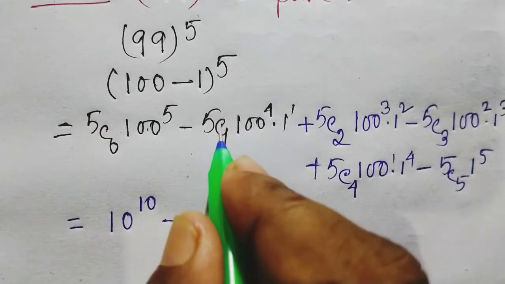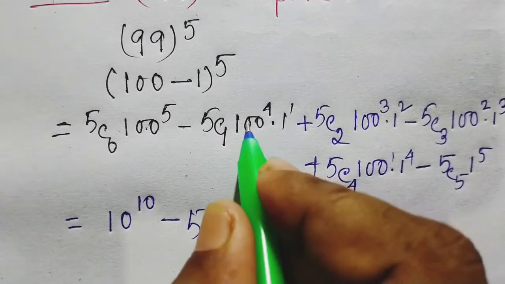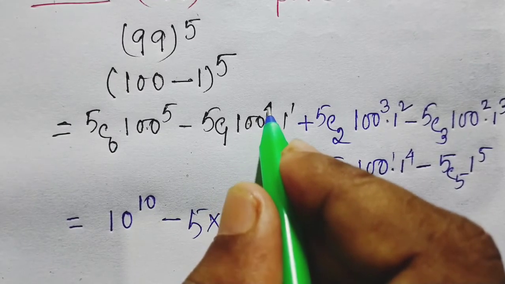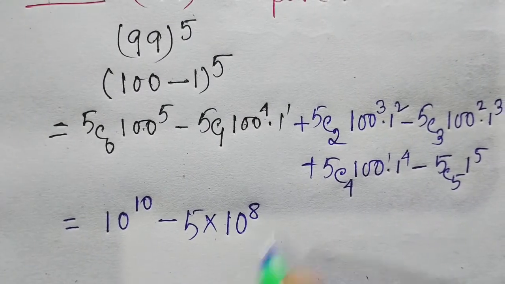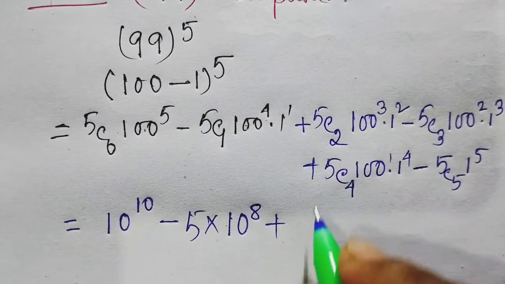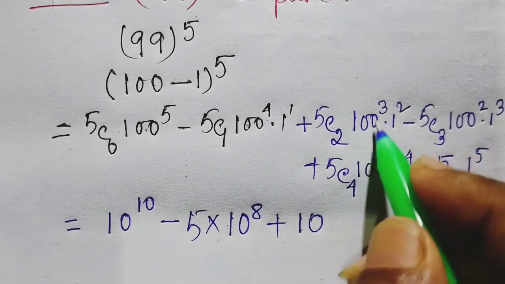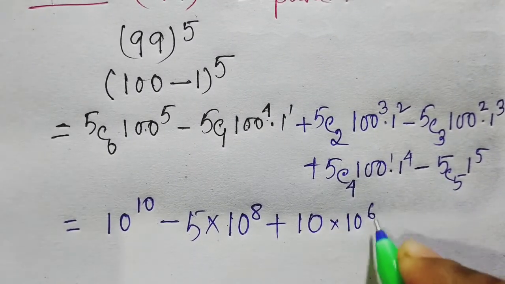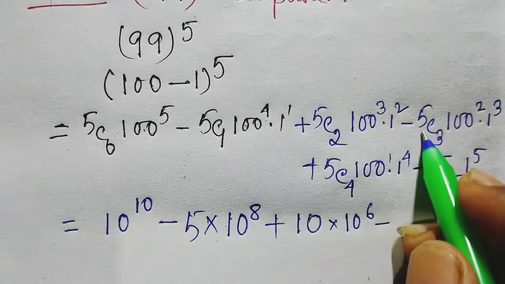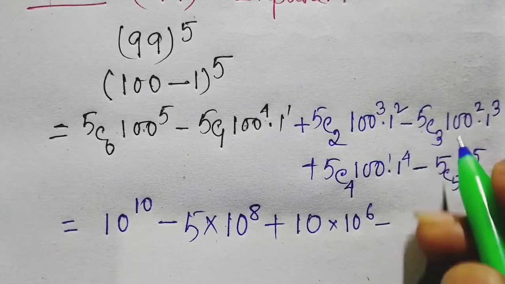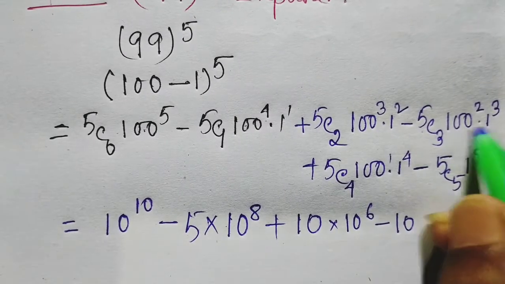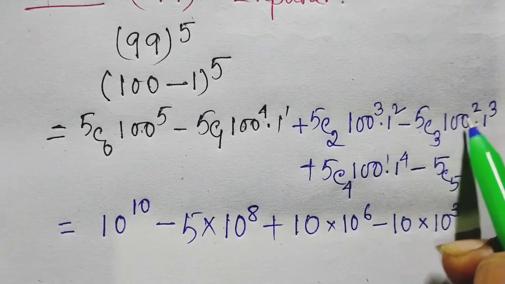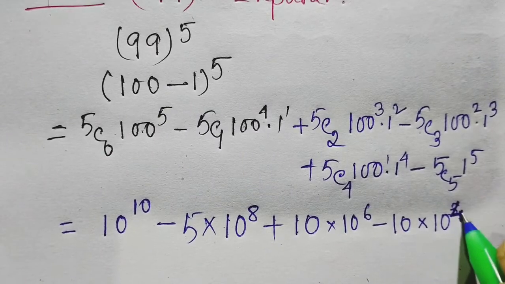Now 5c1, that means only 5, and here 100 to the power 4. 100 to the power 4 can be written as 10 square and here 4, so it's 10 to the power 8. 5c2 means 10 and 100 to the power cube. 100 means 10 square and here whole to the power cube, that means 10 to the power 6, minus 5c3. 5c3 means also 10 and 100 square means 10 to the power 4.